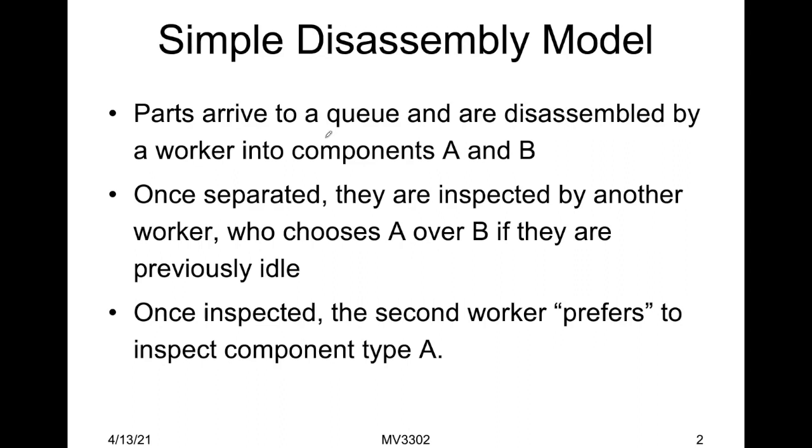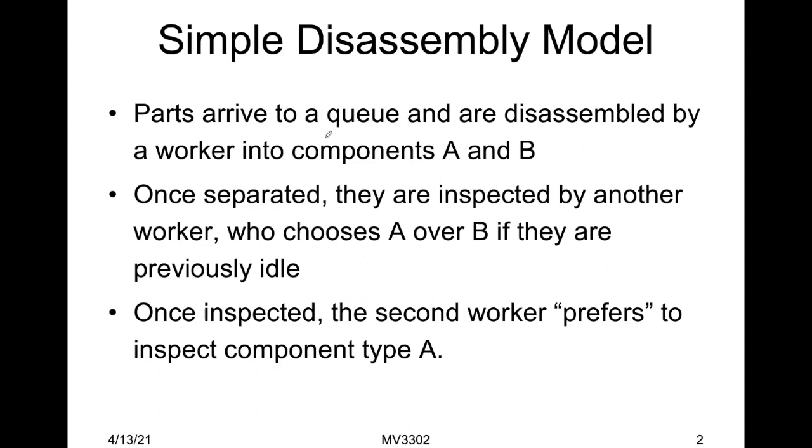So what do we do? Well, this is where the model needs to add some additional logic. What is the worker supposed to do? What we're going to start with is that the worker is going to just prefer to inspect A over B. So if there's one worker and both an A and a B show up, which they will at the same time, they're going to inspect the A, and then they're going to inspect the B if nothing else shows up.